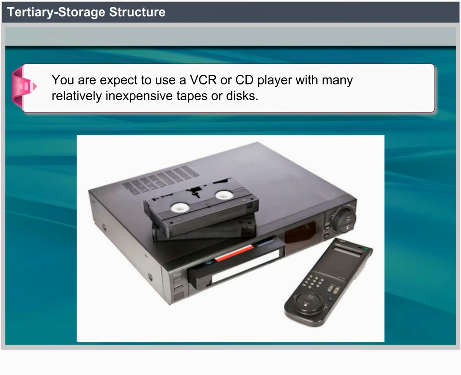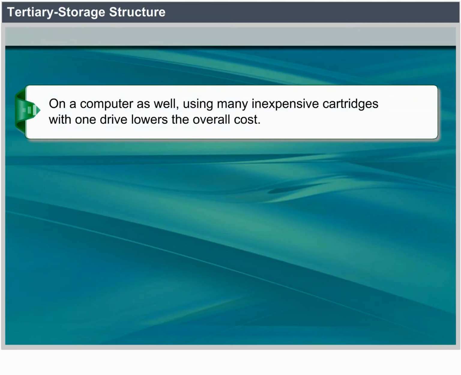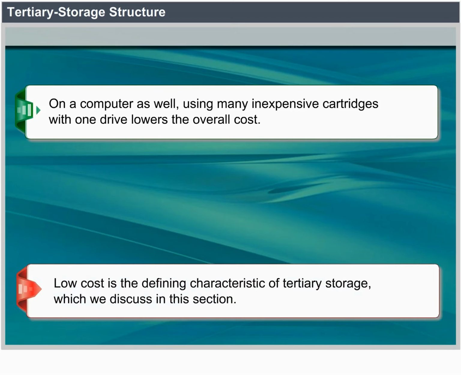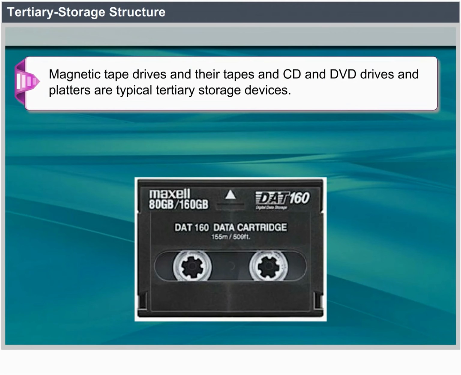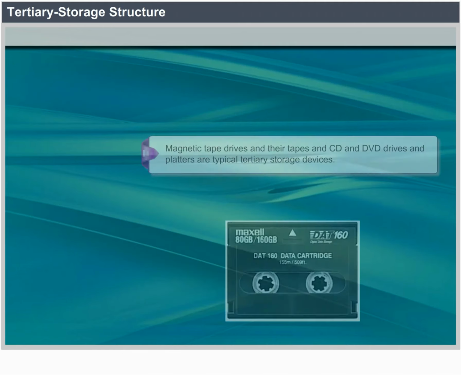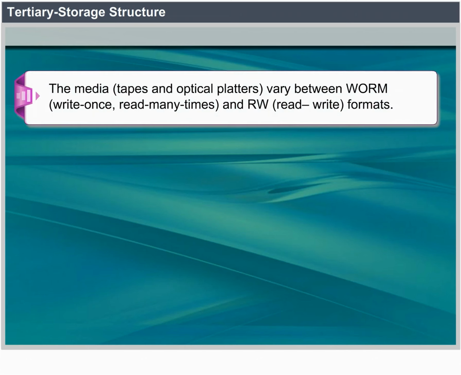Low cost is the defining characteristic of tertiary storage, which we discuss in this section. Magnetic tape drives and their tapes, and CD and DVD drives and platters, are typically tertiary storage devices. The media, tapes and optical platters, vary between WORM, write once, read many times, and RW, read-write formats.